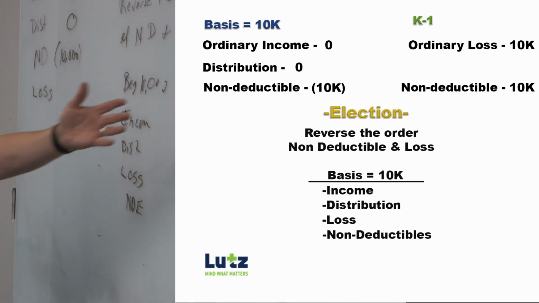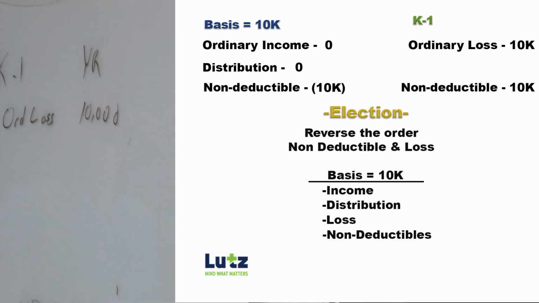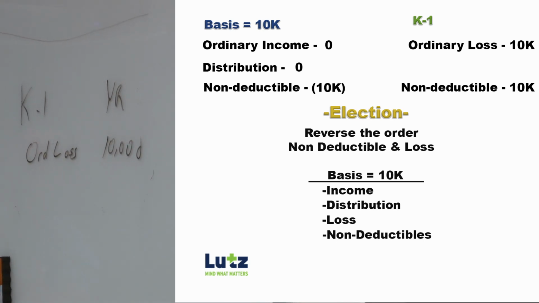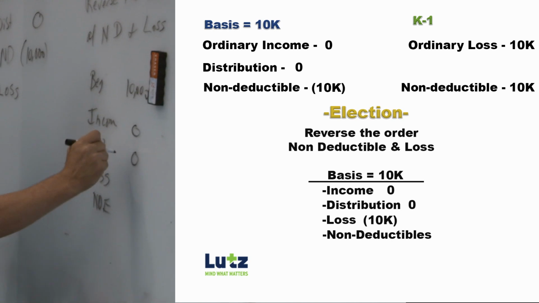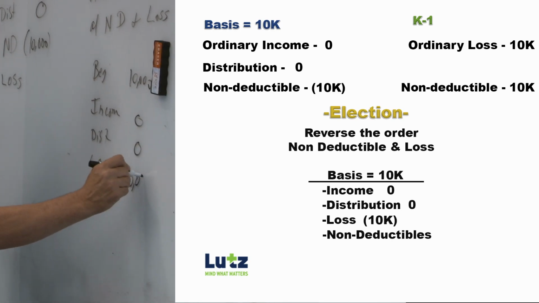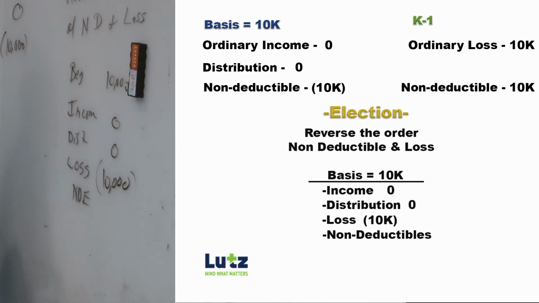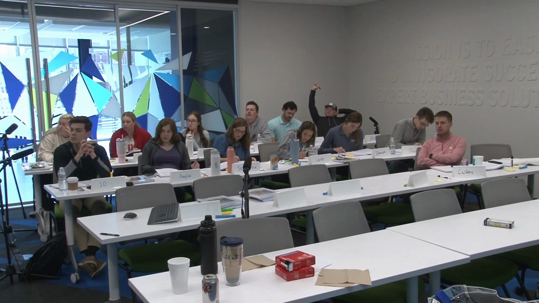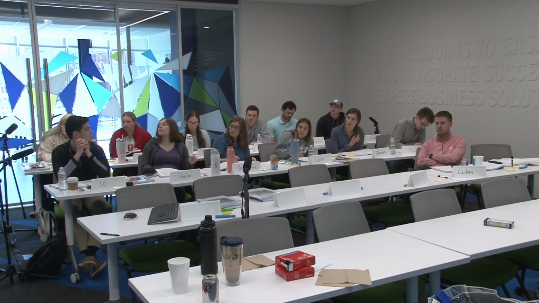So if this is my fact pattern, and I have 10,000 at beginning basis, and I have 0 income, 0 distribution, well, my gosh, I get to take that loss. Yeah. Why would you want that? Because doesn't the non-deductible disappear and then the loss would carry forward?